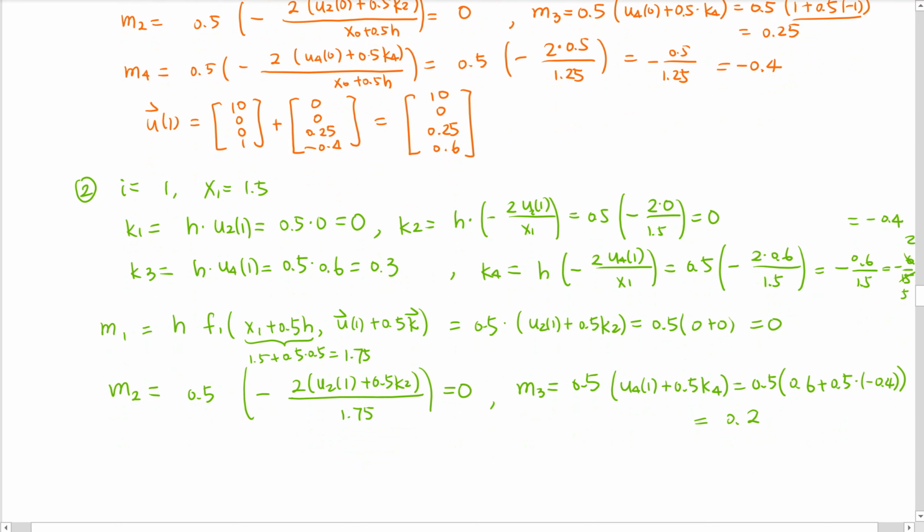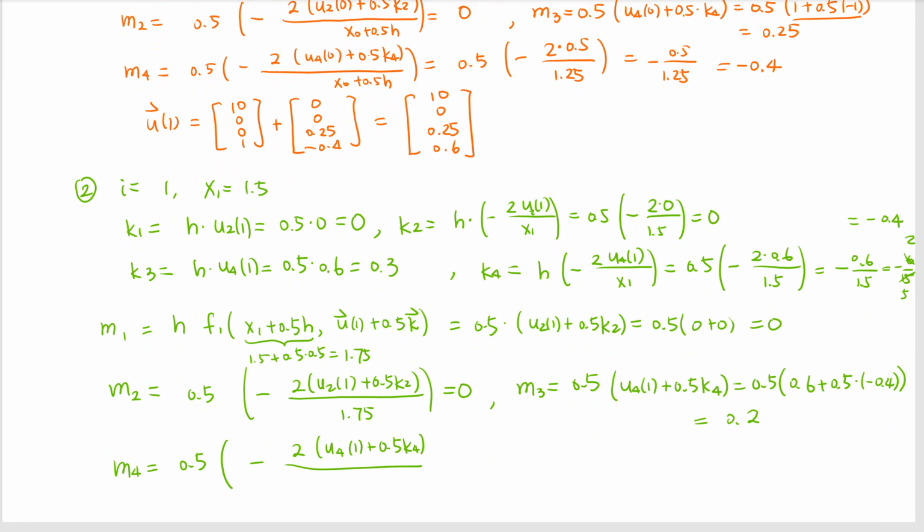Okay, continue. M4 is then 0.5 minus 2 times U4 of 1 plus 0.5 K4 over the X now is 1.75. So that is 0.5. The negative we can put it in front. And then we have 2 times. Okay, what is this guy? Well, that guy is the same as this one.